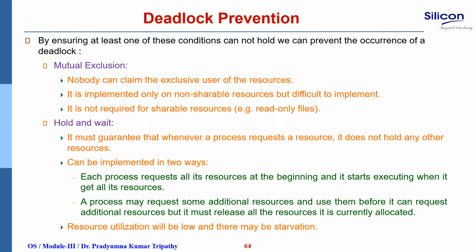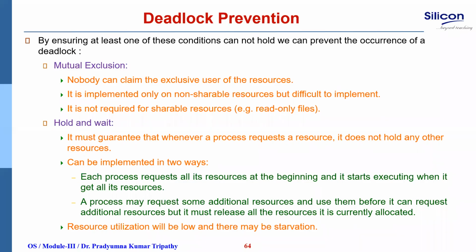You cannot have exclusive access. If you make a rule that you cannot have exclusive access to a resource, you have to make it free, meaning it can be shared. Then the mutual exclusion rule that we have fixed for the first one can be avoided, can be handled. Correct?